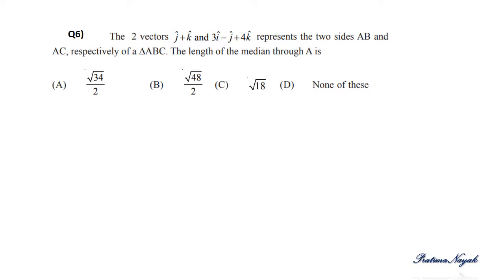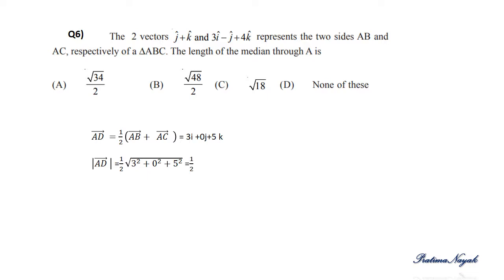In triangle ABC, AB vector and AC vector are given as j plus k and 3i cap minus j cap plus 4k cap. We have to get the length of the median through A. 4 options are given. AD median vector is the same as half of AB vector plus AC vector.